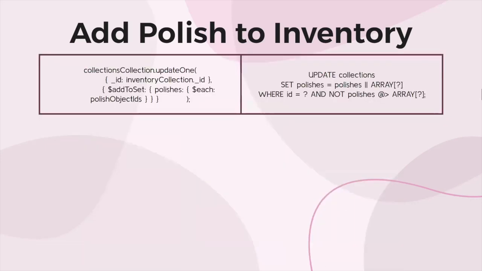So this is the adding polish to an inventory code. It references the polishes, it references the collection, and then updates the collection table under the ID of the user or the business, and also references the polish ID as an array.